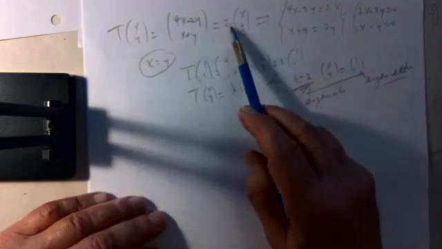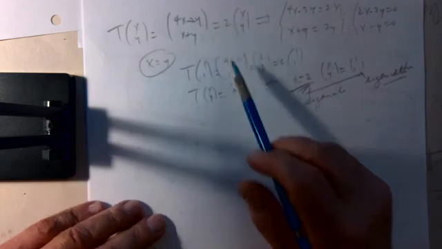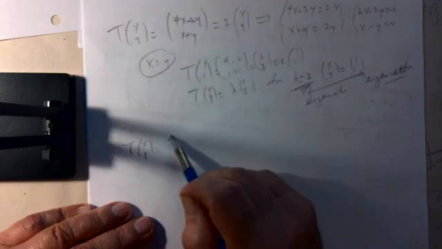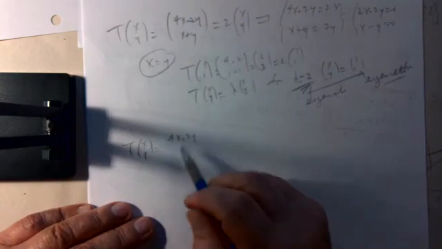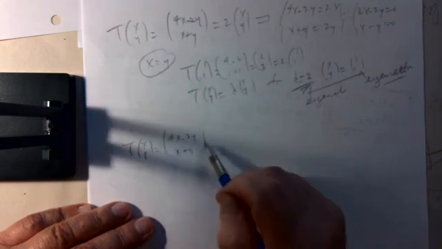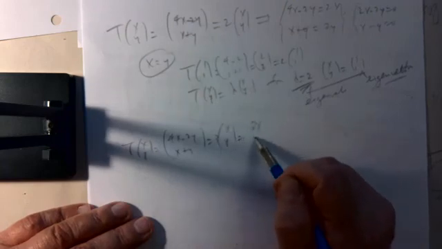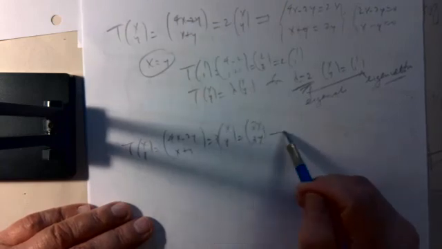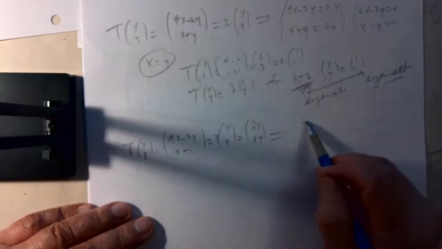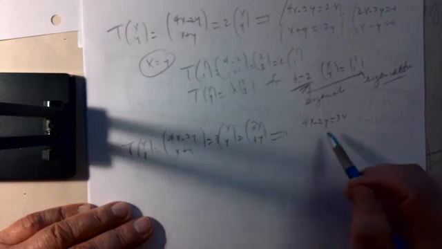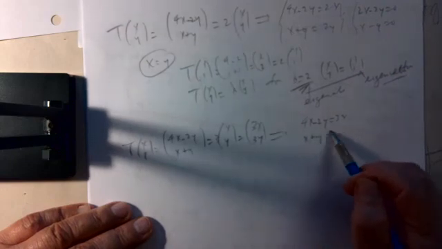The other possibility for an eigenvalue was 3. So suppose you want to find T of (x, y), which is (4x minus 2y, x plus y), equal to 3 times (x, y), which is (3x, 3y). So then 4x minus 2y equals 3x, and x plus y equals 3y.